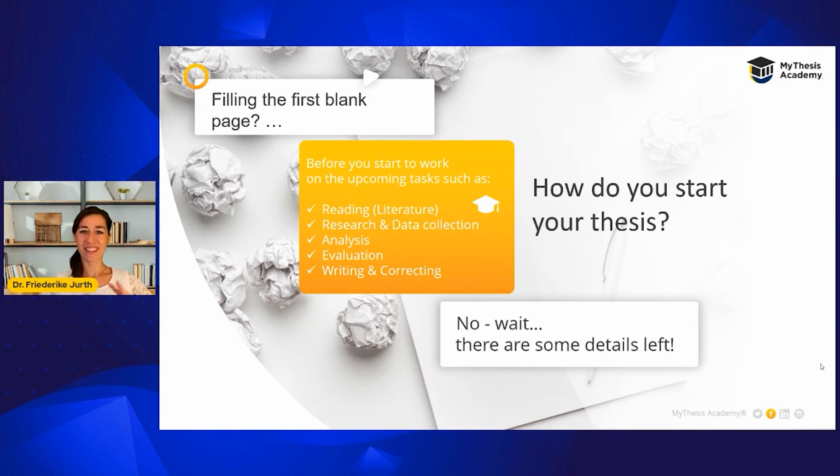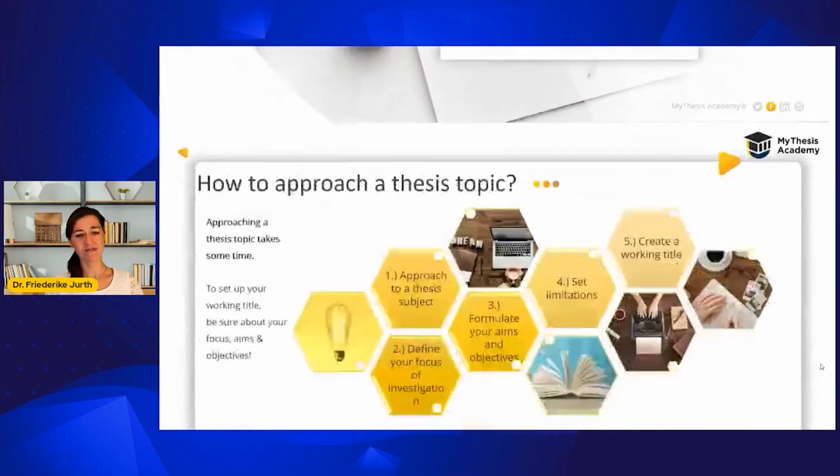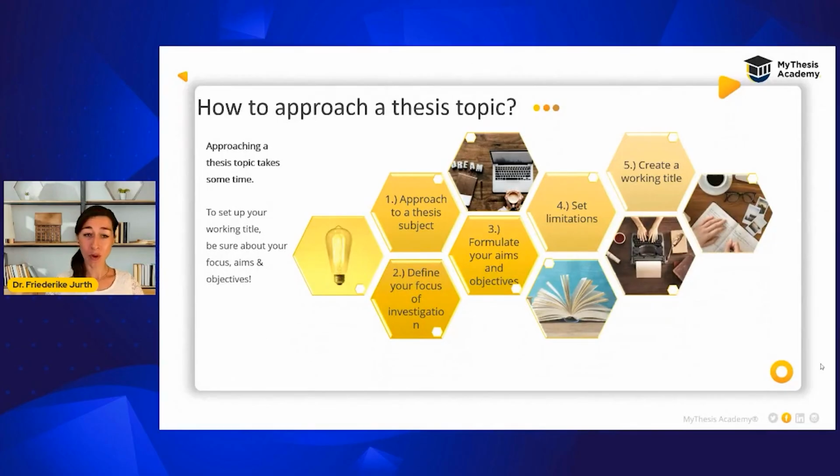But well, these are tasks and challenges that are upcoming. First, we want to know, how do you really start your thesis? How to approach a thesis topic and a subject. So, to set up your working title, you have to be sure about some principal issues that define your thesis in a certain way.